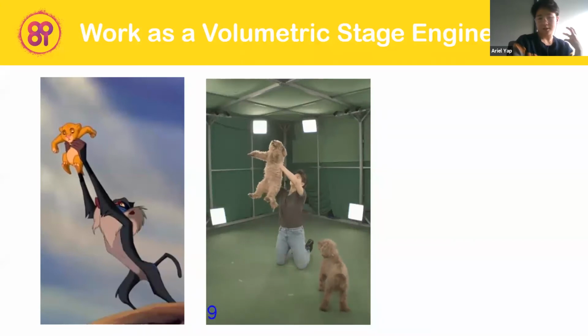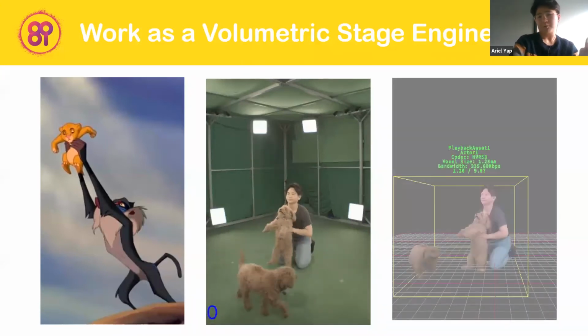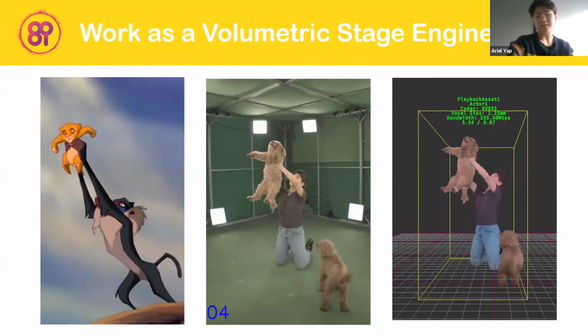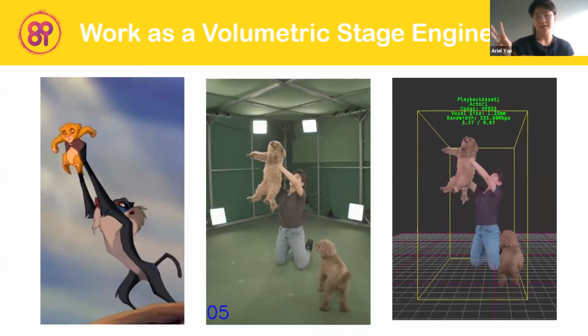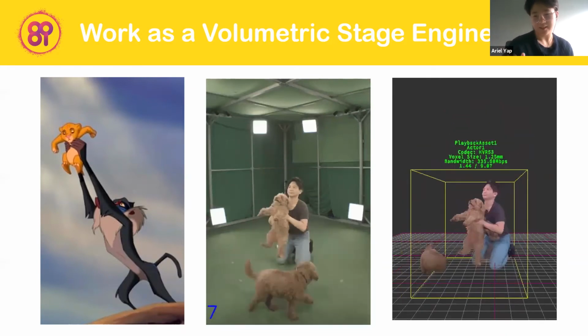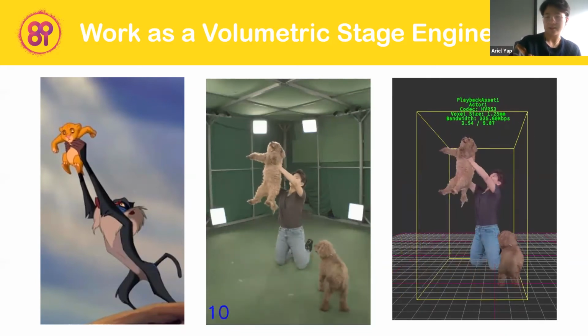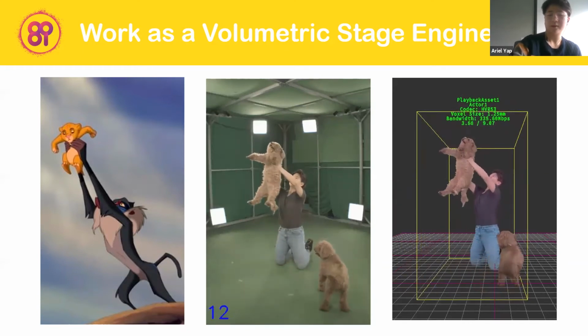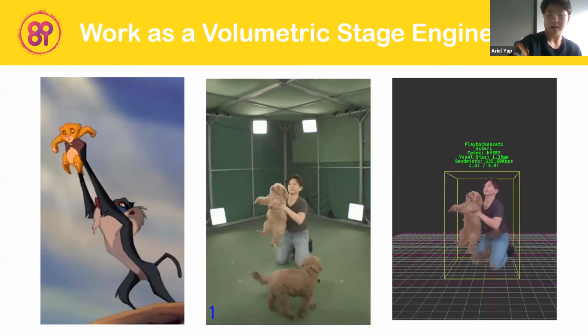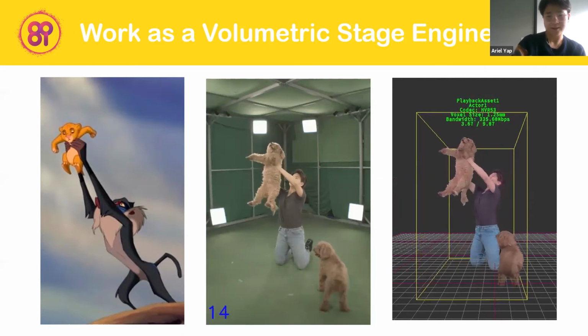What we do is we take this data and we get rid of all of the background noise, and we can capture the model itself. And then this is just a short sequence from what our software can output on the right.